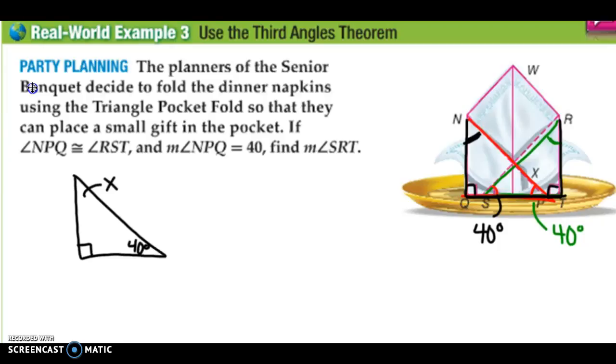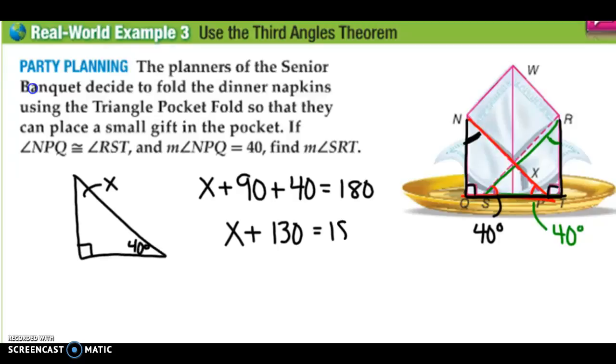Well, remember in a triangle, it has to add up to 180 degrees. So x plus right angle is 90, other angle is 40, has to equal 180. Okay, so that means that x plus 130 is going to equal 180. Subtract 130 from both sides, and you get x equals 50.